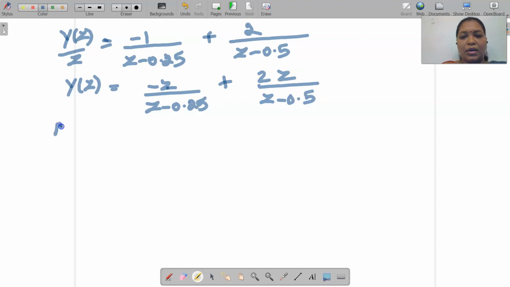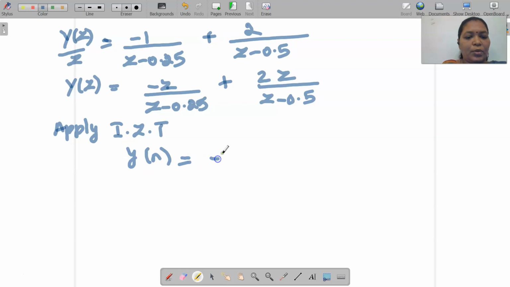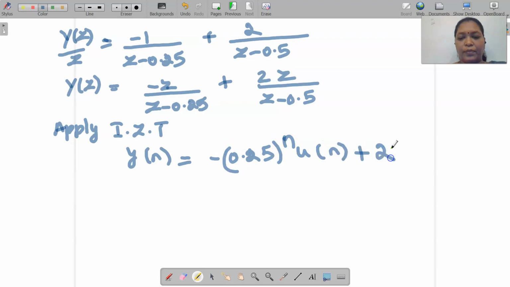So apply inverse Z transform. So Y(z) becomes y(n), and then minus z by z minus 0.25 becomes minus 0.25 the whole power n u(n), plus 2 for z by z minus 0.5 you have 0.5 the whole power n u(n).